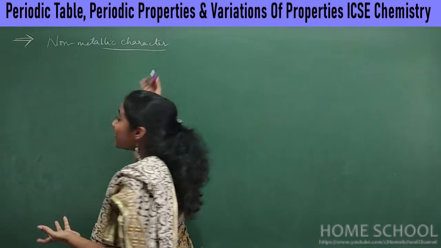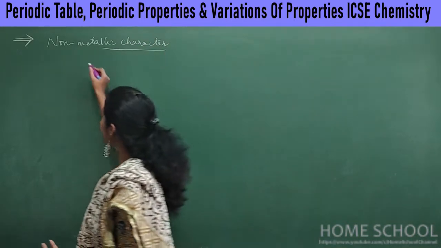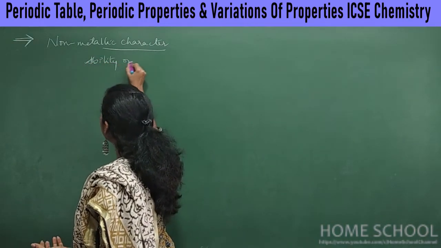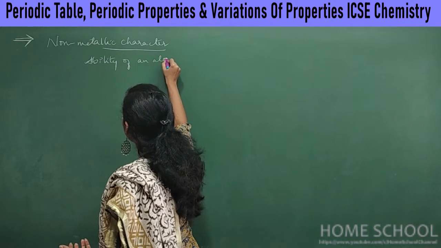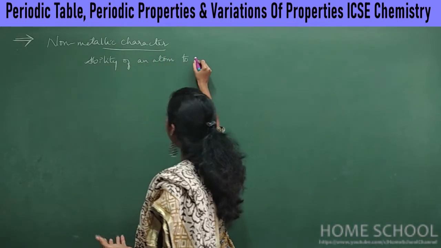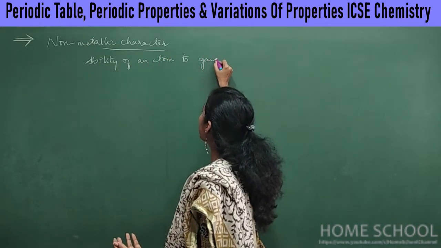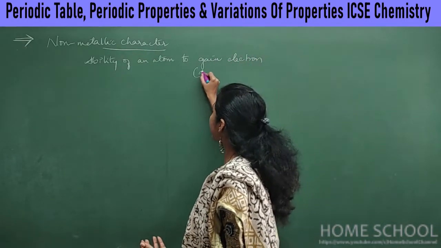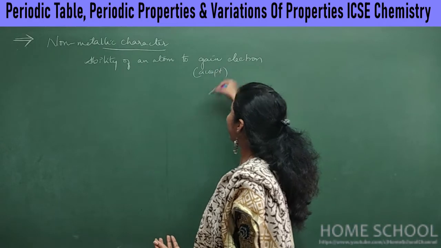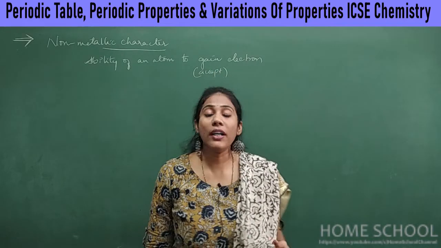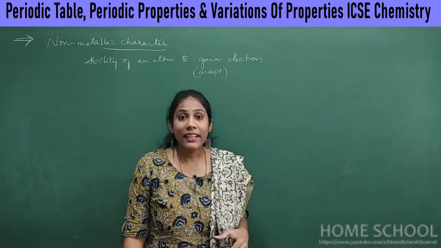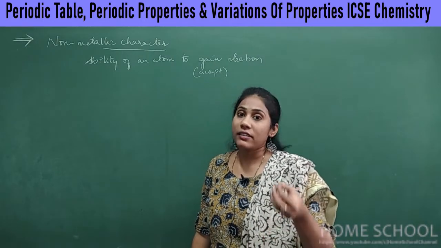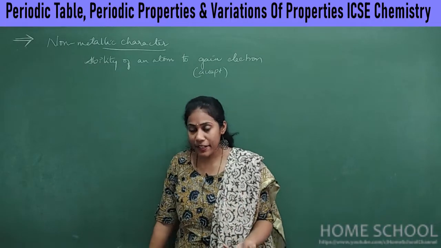So what may be this non-metallic character? It's nothing but the ability of an atom to gain electron, or to accept electron. Accepting an electron is called non-metallic character, and this non-metallic character is also connected to atomic size itself.